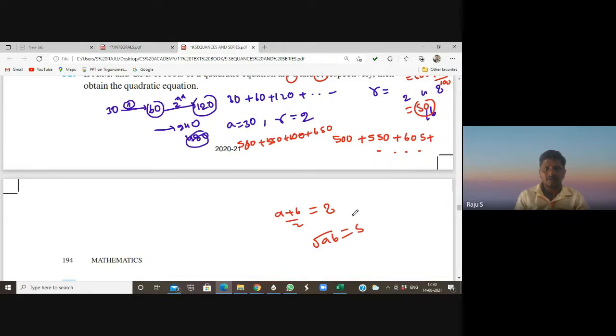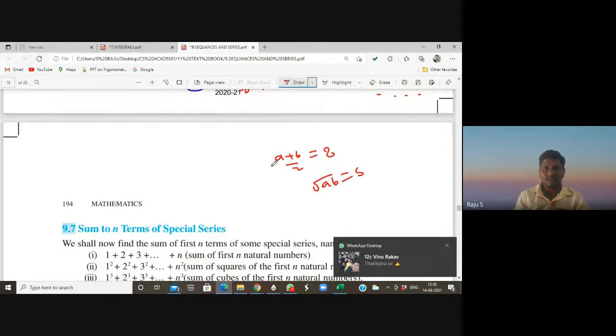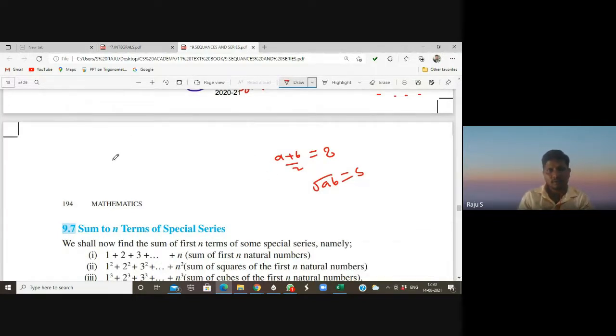So you have to find it. Is it difficult, students? Not at all difficult. A, B are the roots, or otherwise you can take alpha, beta. A plus B is equal to 16. What is the AB value? 25.